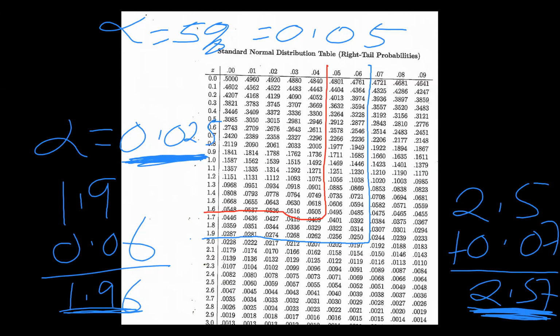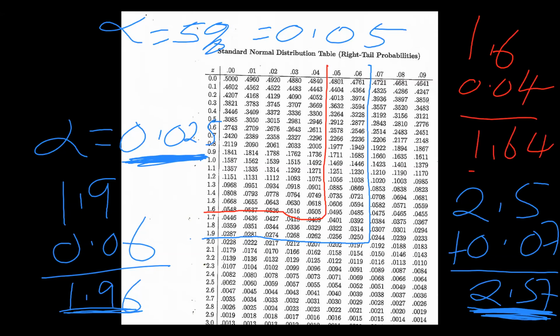Comma 4, right? It is closer to that. So it means you say 1.6 plus what? 0.04, which should give us 1.64, right?